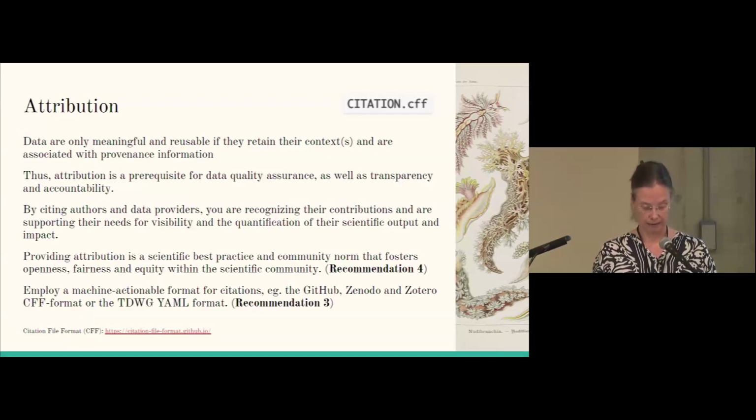Data quality assurance is dependent on attribution and provenance. The resulting transparency enables good provenance and accountability. Part of this is that attribution supports needs for visibility and quantification of professional and scientific contributions and impact. Thus, as authors and publishers, foster transparency and visibility by supplying a machine-actionable format for your publication citation, using, for example, the CFF format or the Tadwig YAML format.